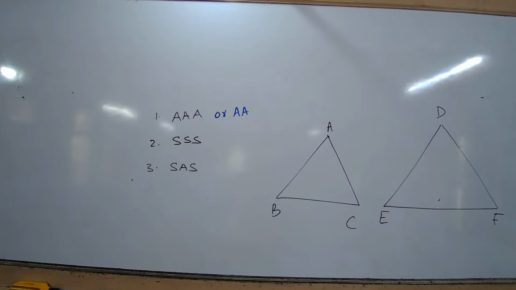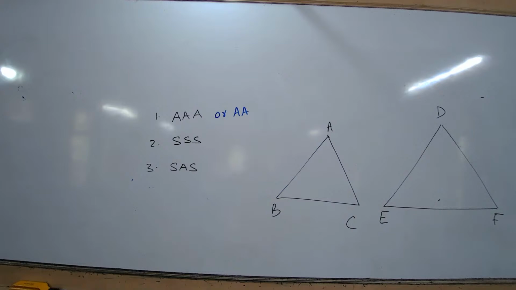Sit down. Next one. SAS. Side BC upon EF is equal to side AC upon DF, and angle C is equal to angle F.